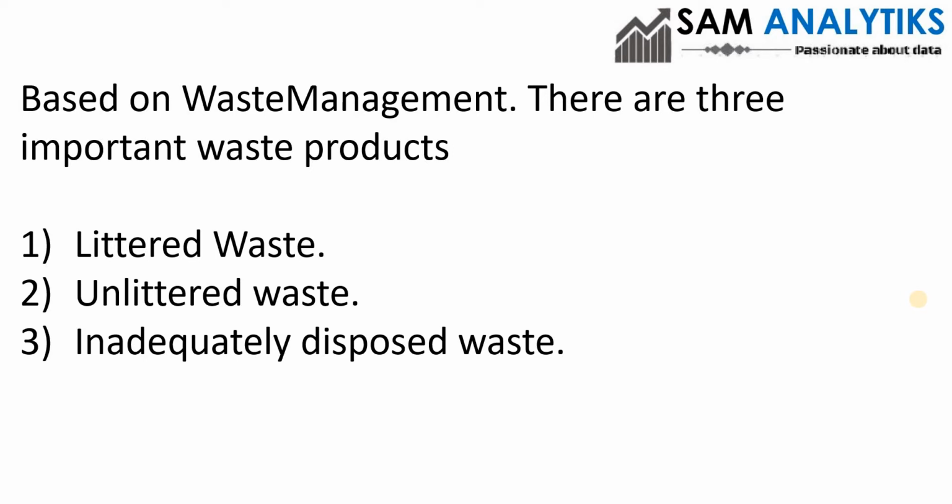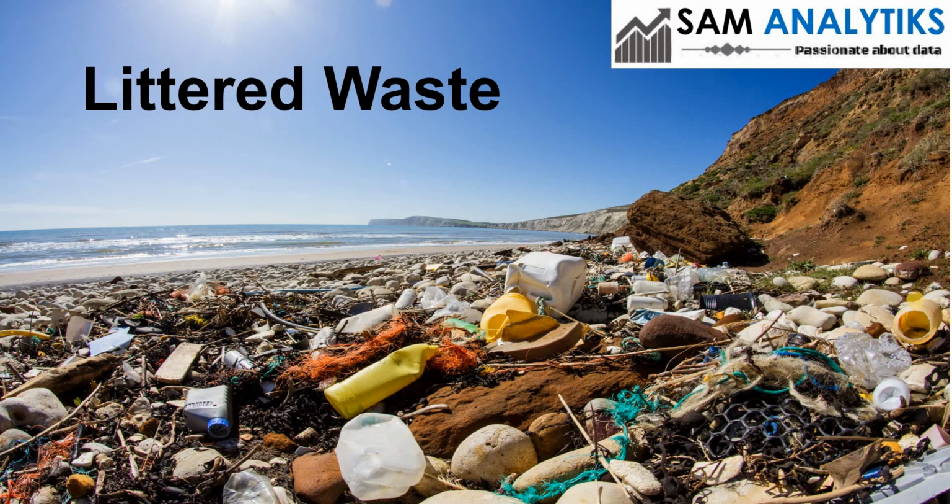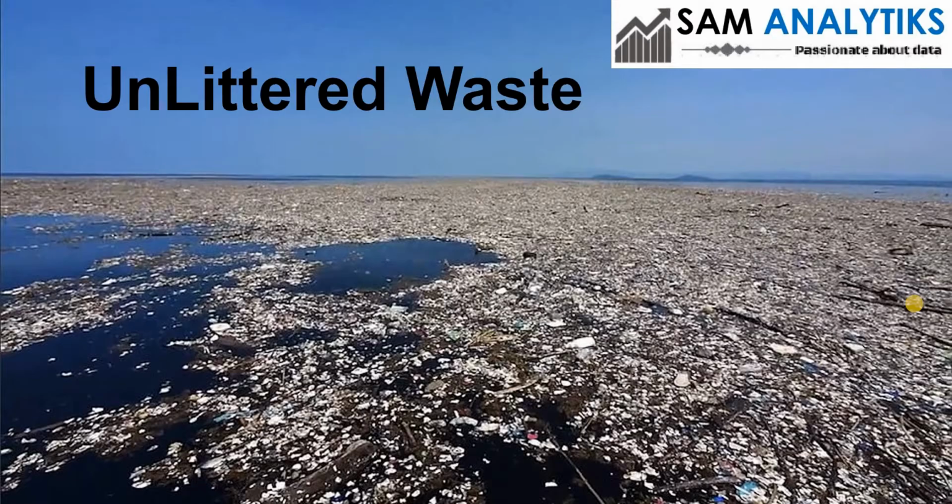Littered waste is basically waste that is not inside the ocean but is kept outside of it. We can see plastic bottles, plastic chips, and plastic materials lying by the beach of each ocean.